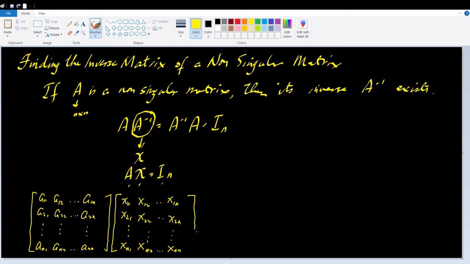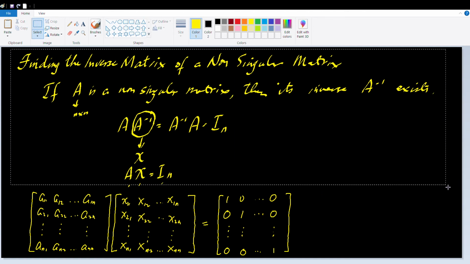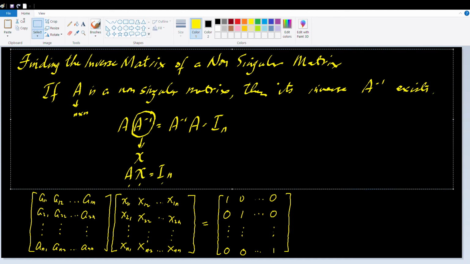And this product must equal the identity matrix: 1, 0, dot, dot, dot, 0; 0, 1, dot, dot, dot, 0; down to the last row, 0, 0, and 1. Okay, so let us free up some space.